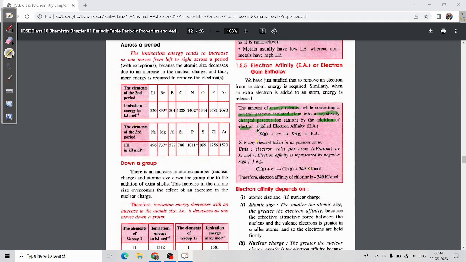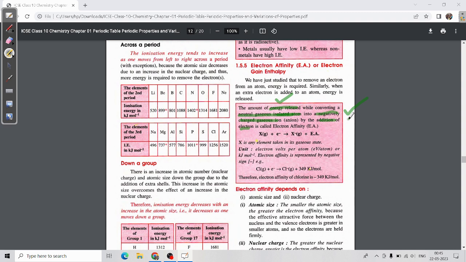Now, what is the difference between electron affinity and ionization energy? The difference is that, see, in ionization energy, energy is required; here, energy is released. There we convert to a cation; here we convert to an anion.